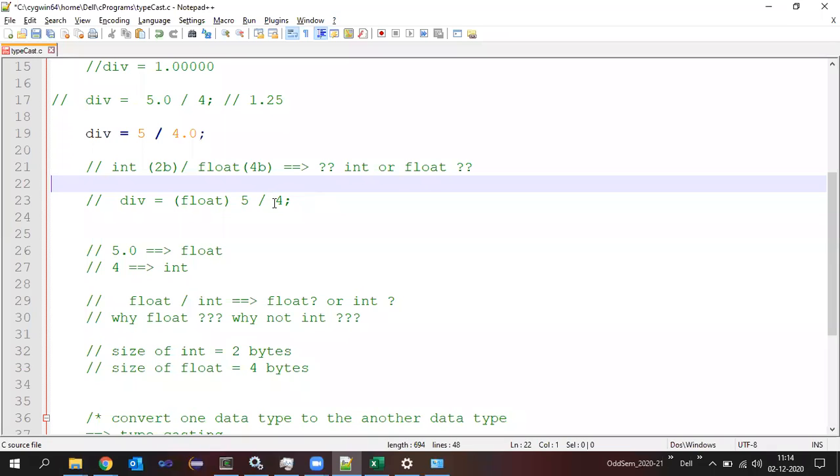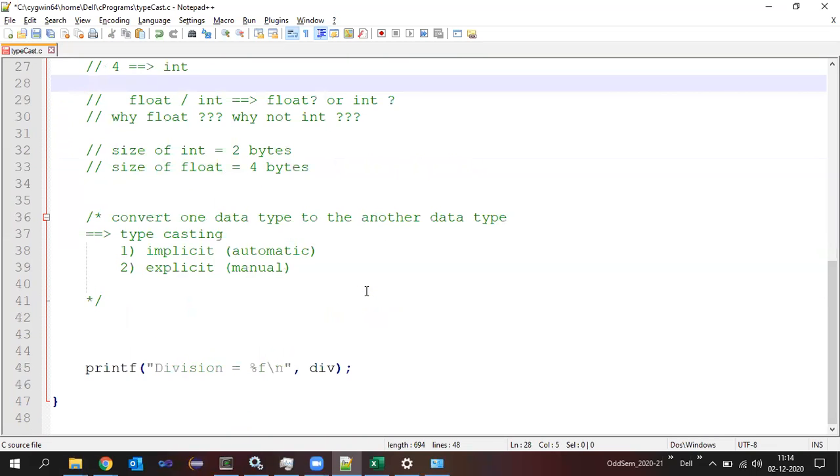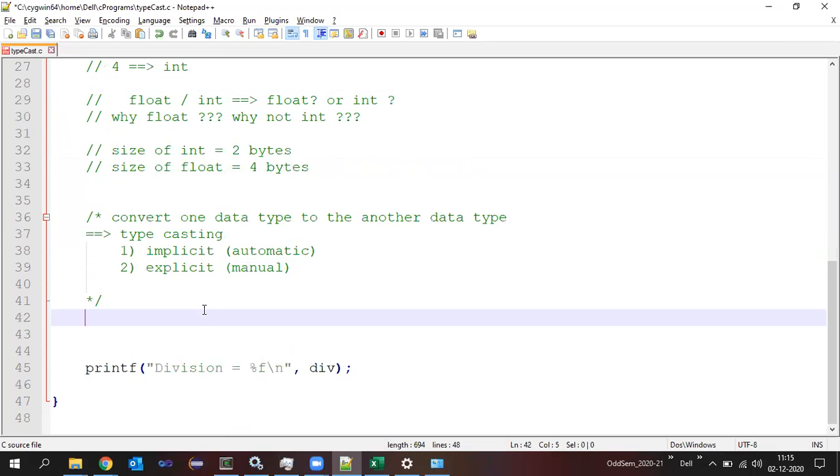For that purpose, the compiler itself automatically converts the result into a float data type. So is that understood? Implicit and explicit are types of typecasting where one data type is converted into another data type. Is that understood, students?